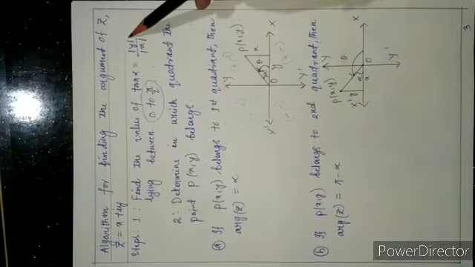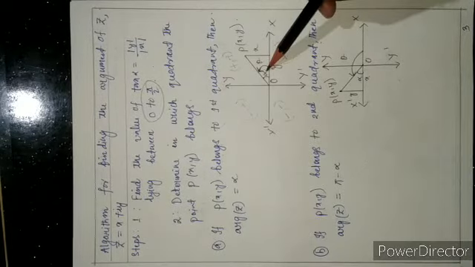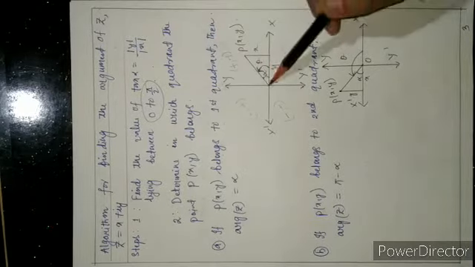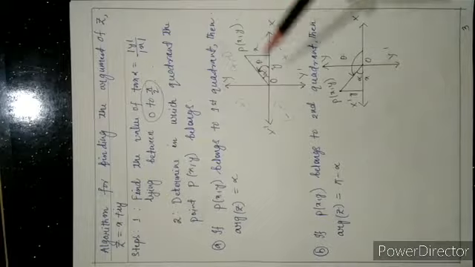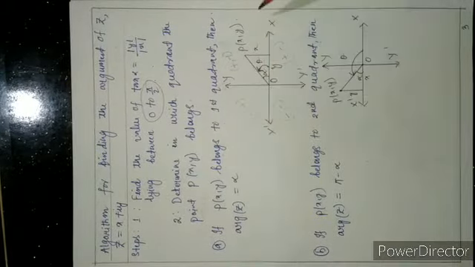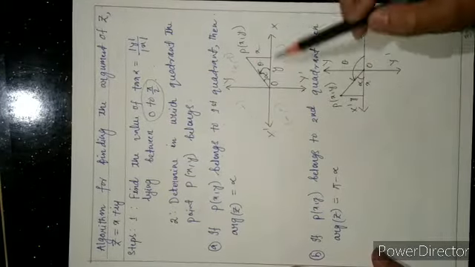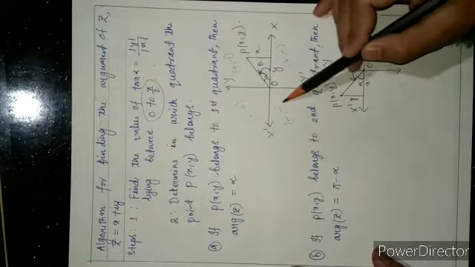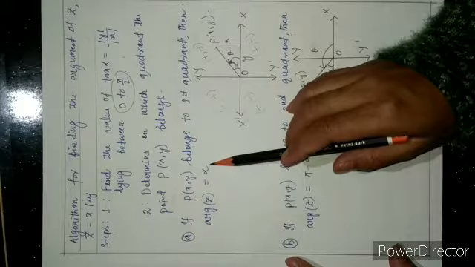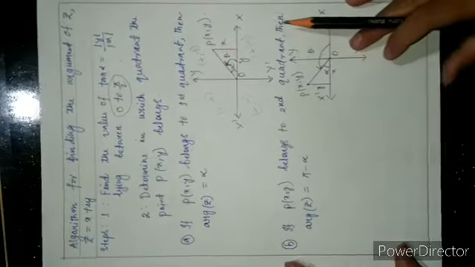Alpha is the modulus of y divided by modulus of x, and alpha is the angle between this OP and the x-axis. So the argument of z is alpha if the point P belongs to the first quadrant.